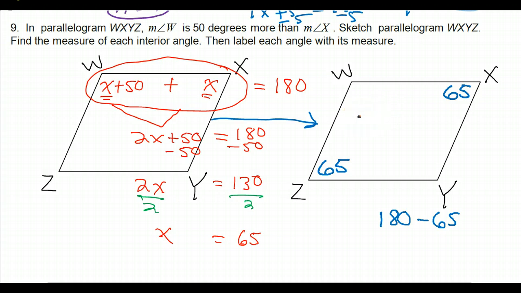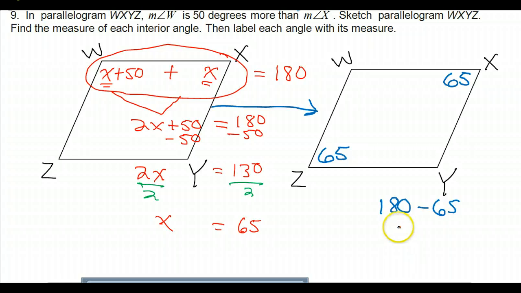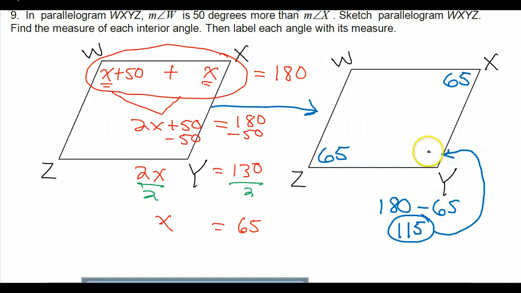Okay, so what's that going to be? That's going to be 115. That means this is going to be 115. And this is going to be 115. And that is how you do number 9.